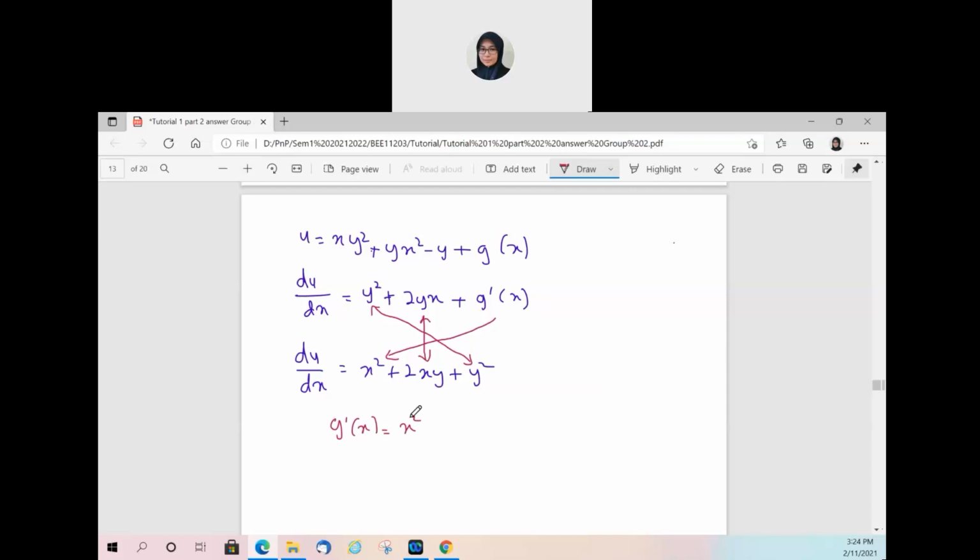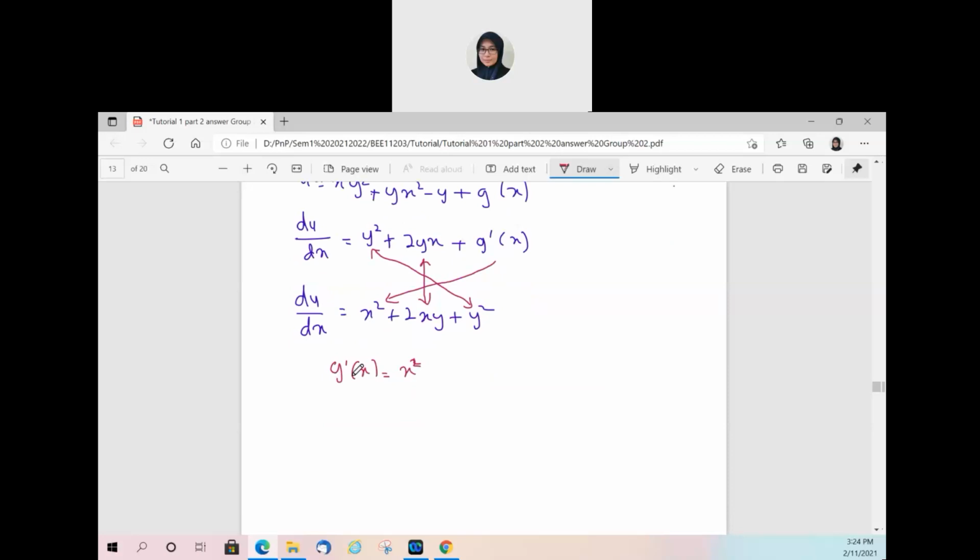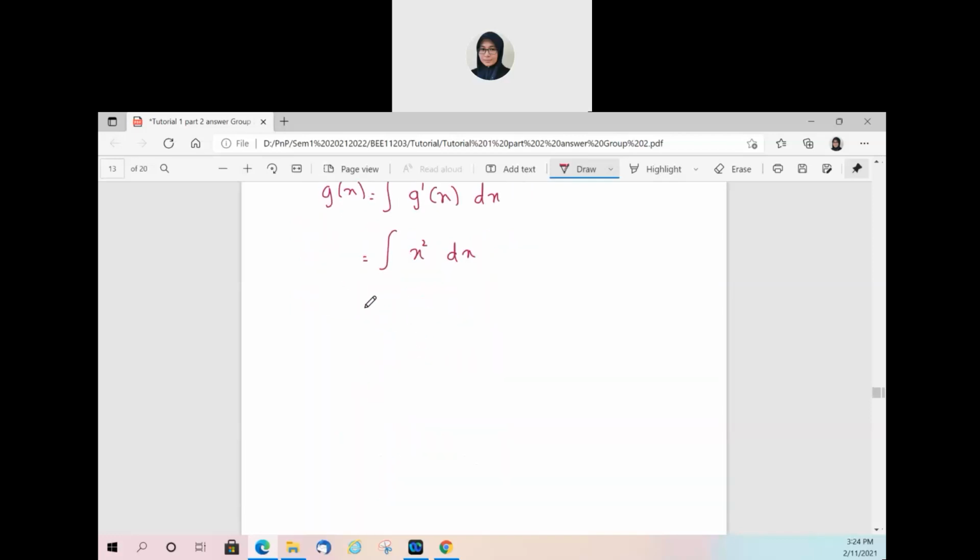Okay. So you want to find g(x). So g(x) equals to, you integrate g prime x dx. So equals to, you integrate x kuasa 2.